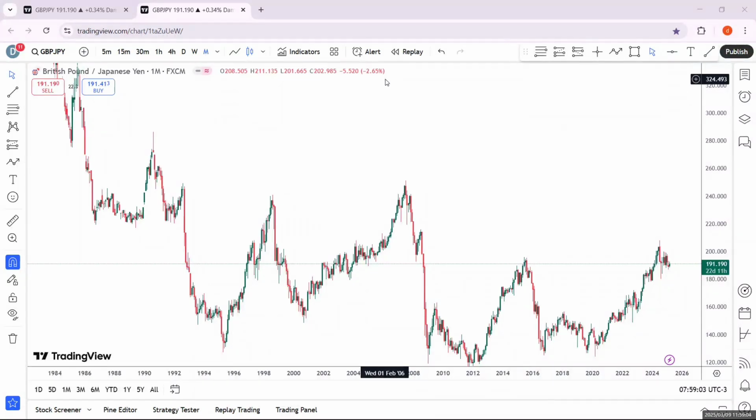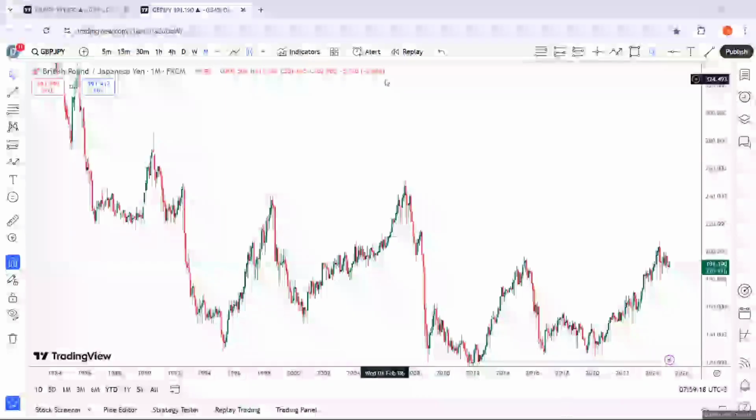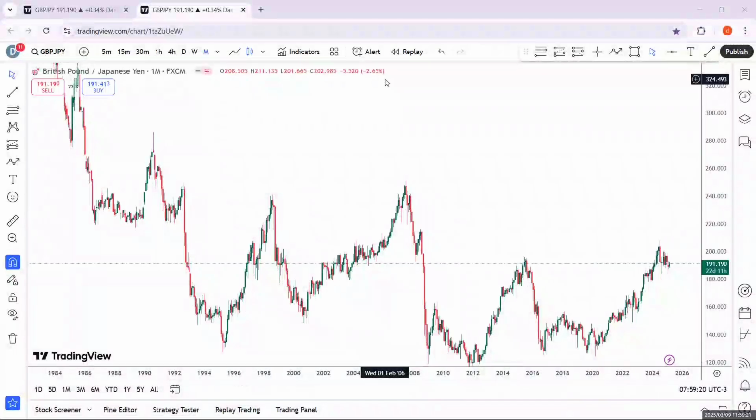Apart from operating a top-down analysis, we also operate a multi-time frame analysis. So what are the stepwise processes that we follow in order to analyze every single pair and get the best opportunities out of these pairs?